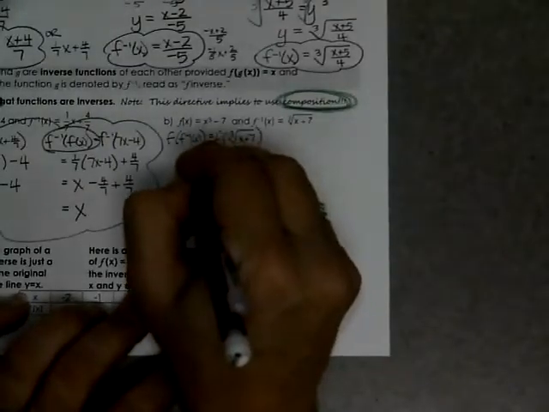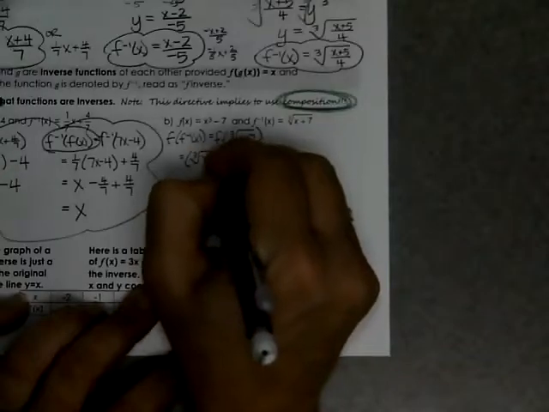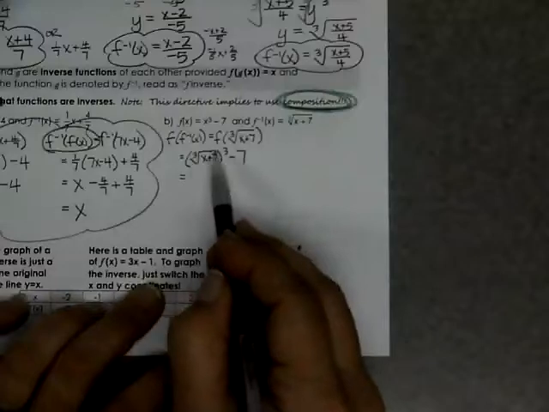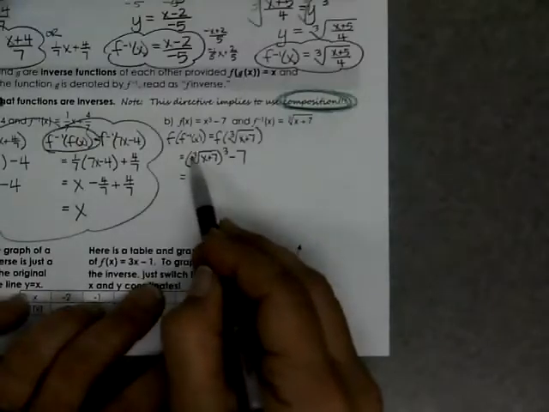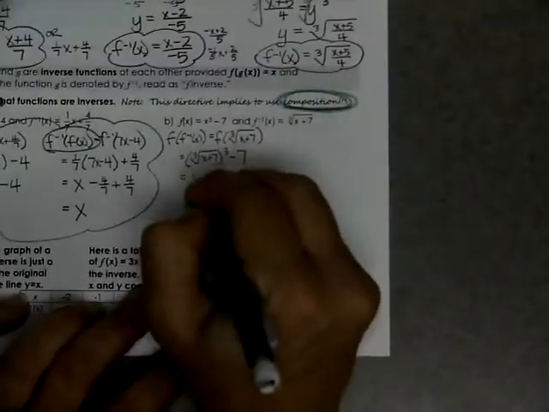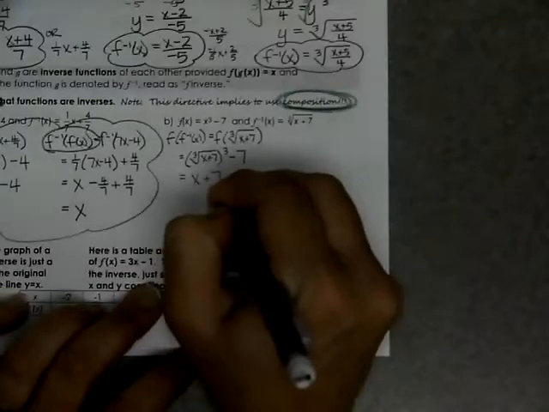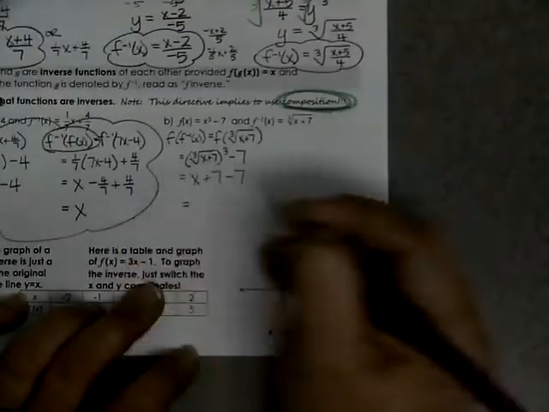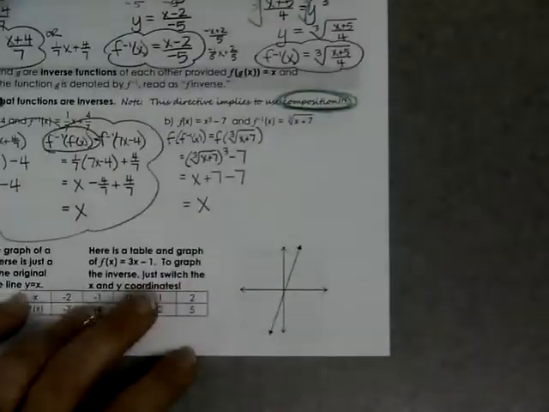So here we're cubing the cube root of x plus 7. Notice that we're cubing a cube root, so those are inverse operations. Those cancel, and I end up with x plus 7. Then I'll bring down this minus 7, and that gives me x.